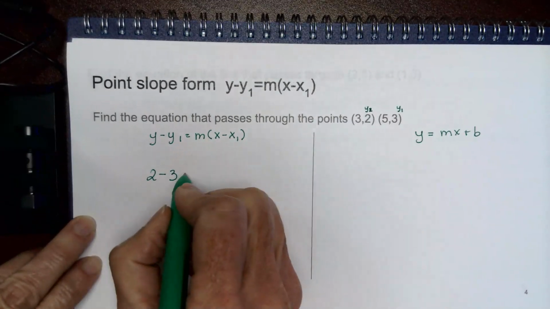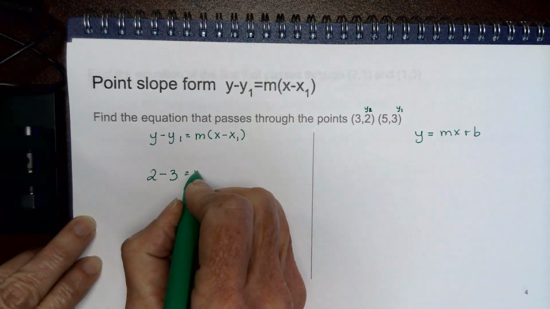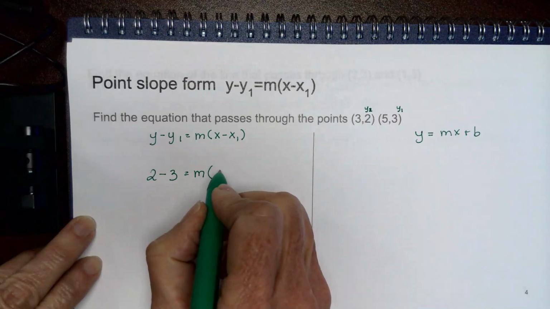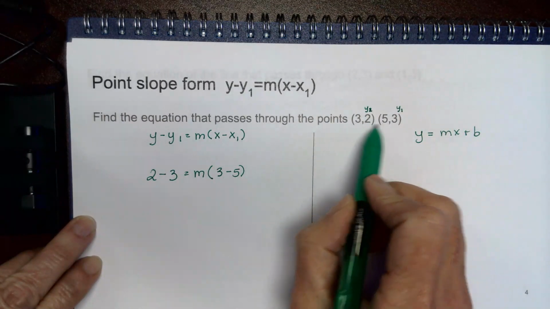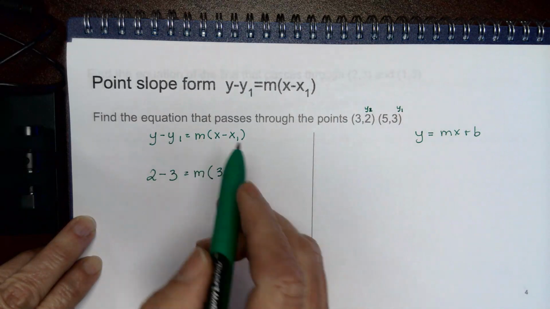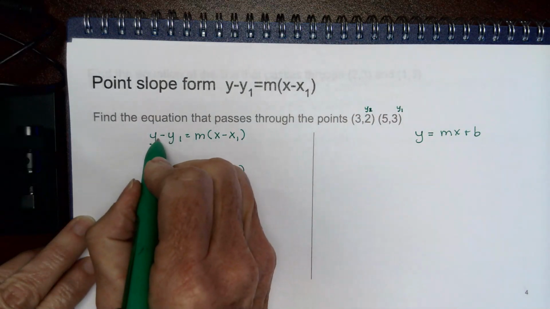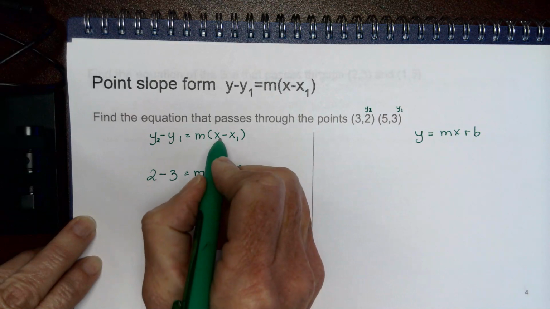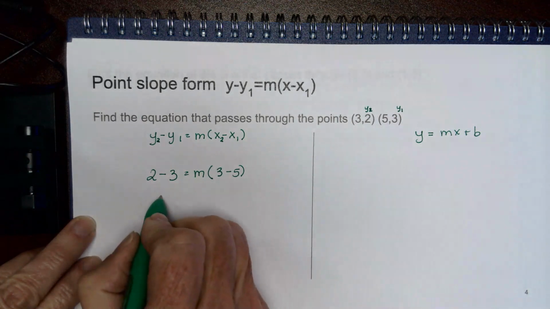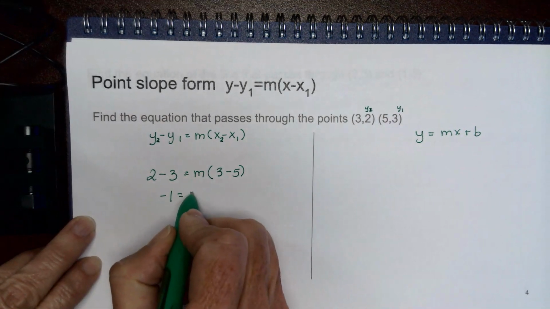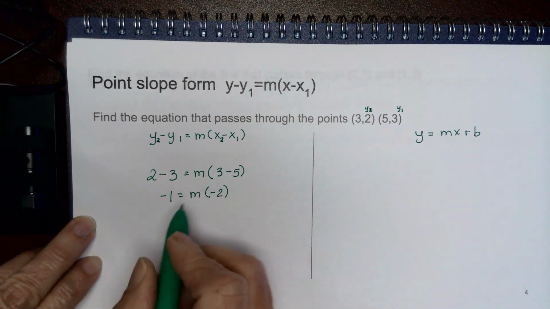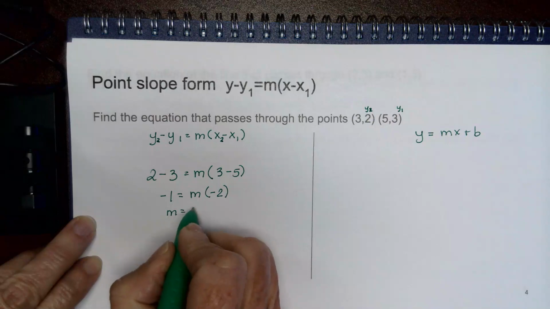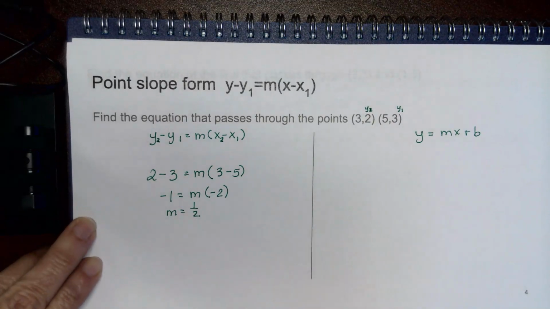So I have 2 minus 3 is equal to m times 3 minus 5. I've substituted in both sets of points for the 2 different y's and x's. So I have -1 is equal to m times -2. When I divide and solve for m, I find that it's equal to 1/2.